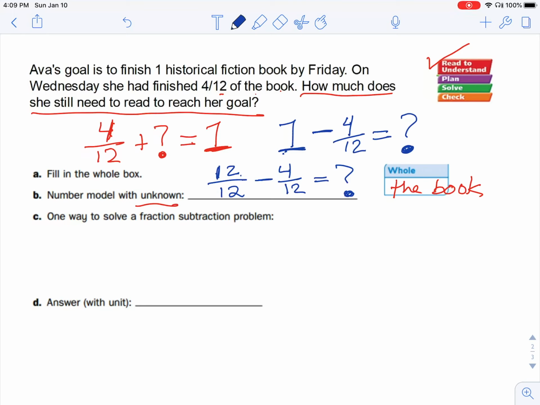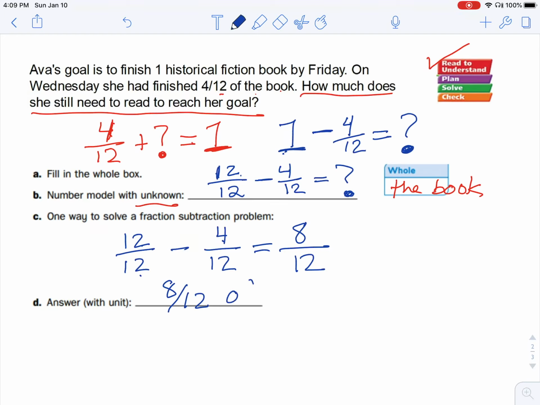And the reason I converted that whole into 12/12 is now that we have a common denominator of 12, we can use our shortcut way. 12 minus 4 gives us 8, and our denominator stays the same, 12. So Ava still has 8/12 of the book left to go.